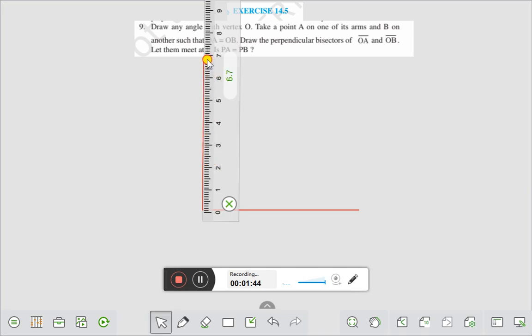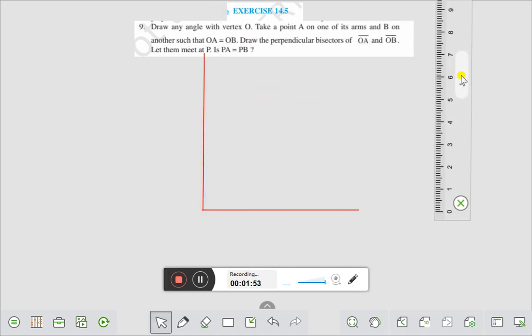Here we also take 7 centimeter, right? Now we have to take this vertex as O. Let the vertex be O. This is O.